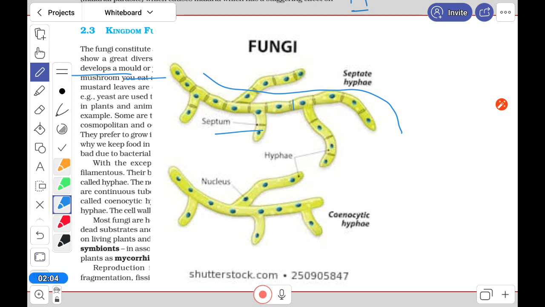This hypha is septate. It means that the cells are separate and you can see the nucleus. But if it is not like that, if these are not separate, see that here the nucleus is there, but it is in one cell. This is known as coenocytic hyphae.